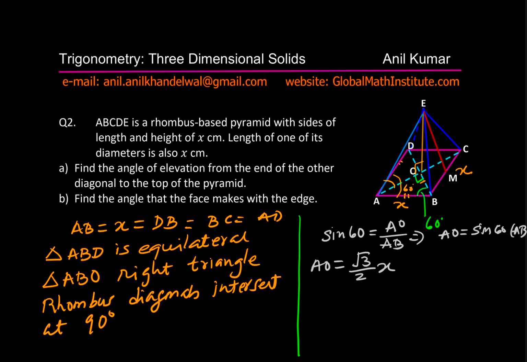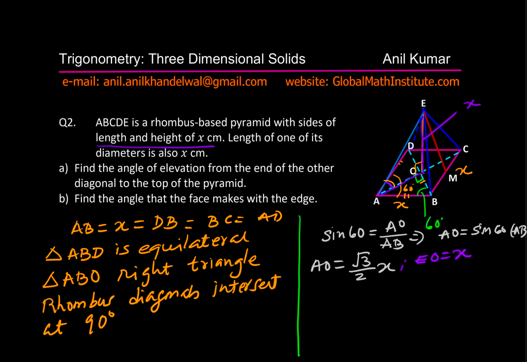Once you know AO, you're given the height. Since it is given that length and height are both x, EO is also equal to x. So we can find the angle of elevation, correct? We can use the tangent ratio.